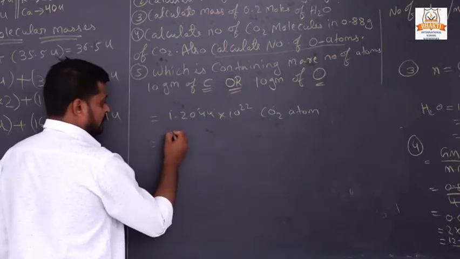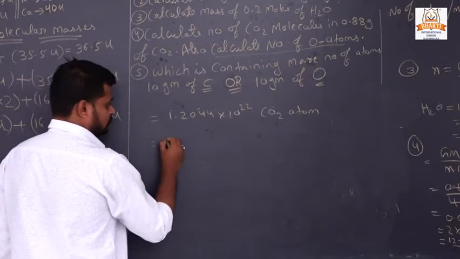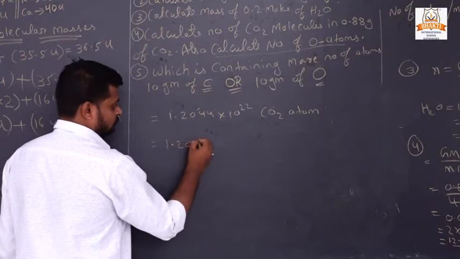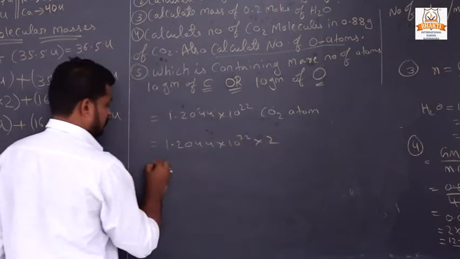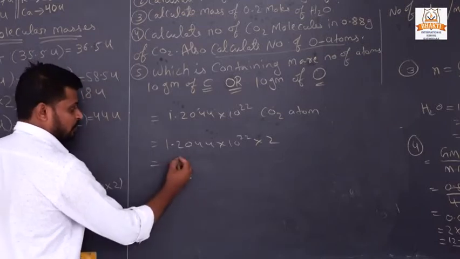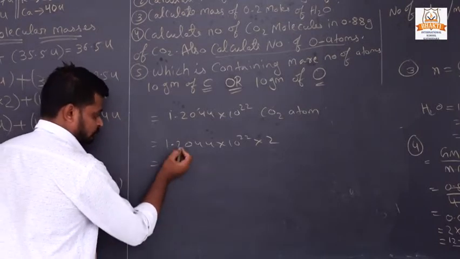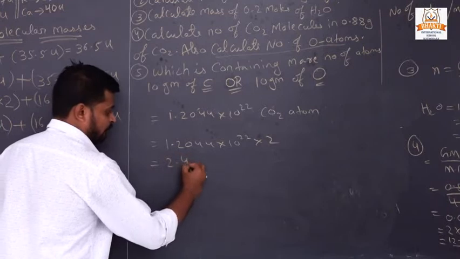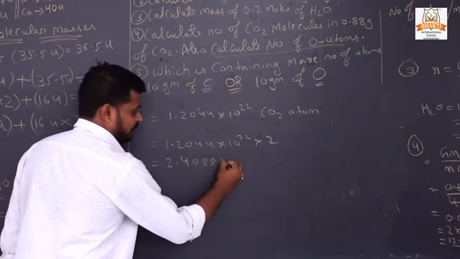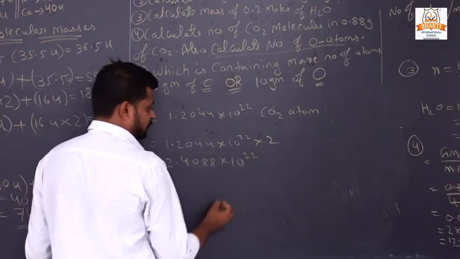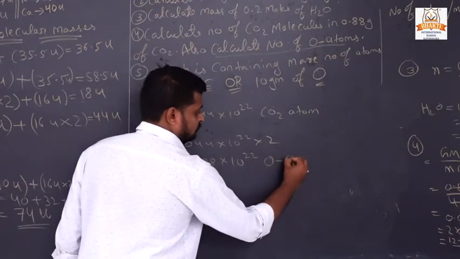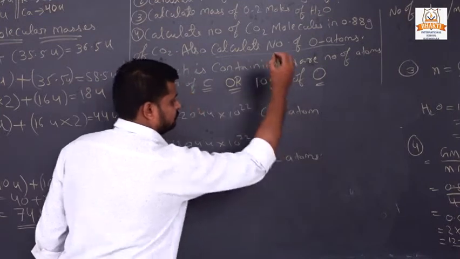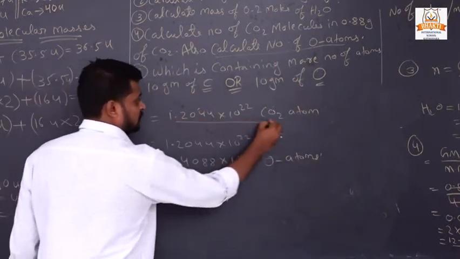So we have to multiply with 2. So it converts to 2.4088 into 10 to the power 22 oxygen atoms in this.